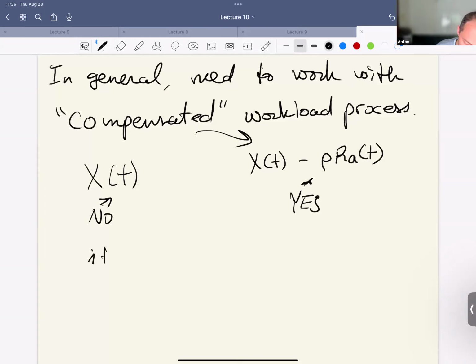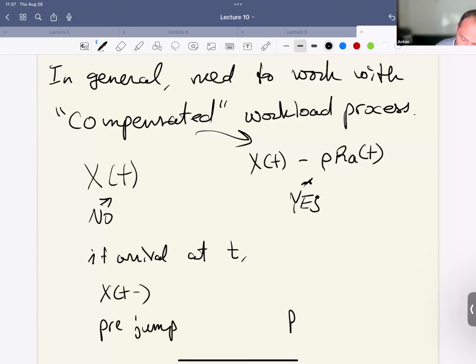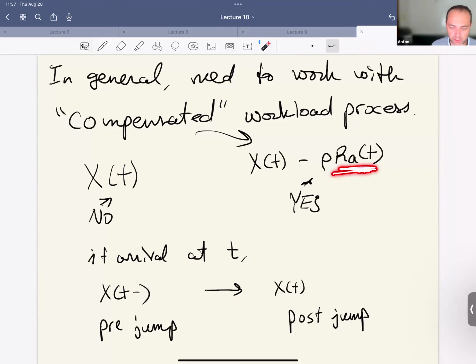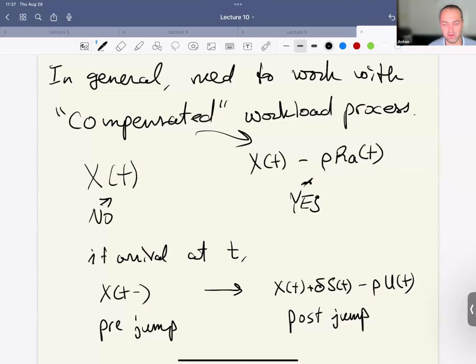So if we have an arrival at time t, we have x of t minus, this is the pre-jump, and post-jump, x of t goes to x, right? Because if an arrival happens, then the residual arrival pre-jump is zero. X of t plus delta s of t minus rho, and post-jump we have just the draw from the distribution u.